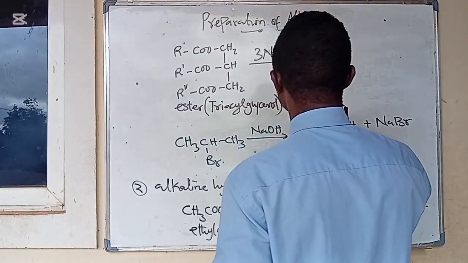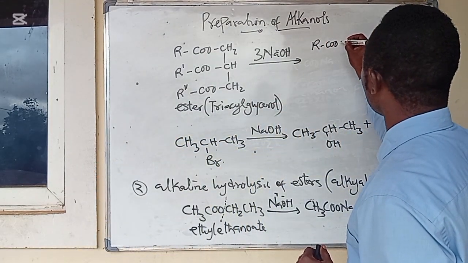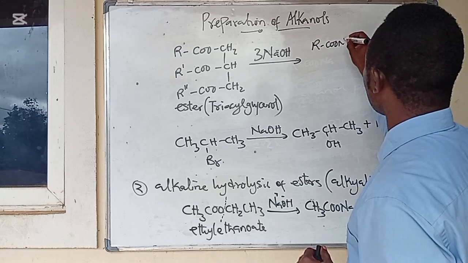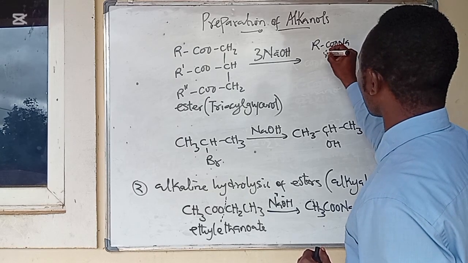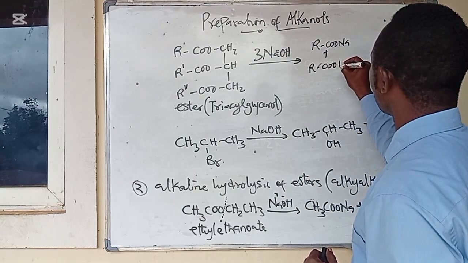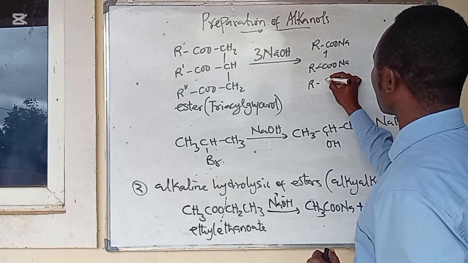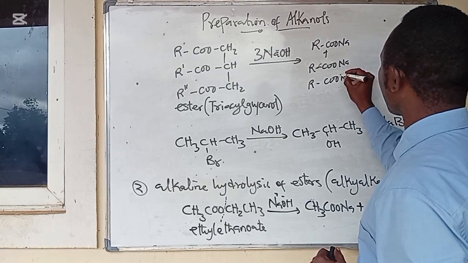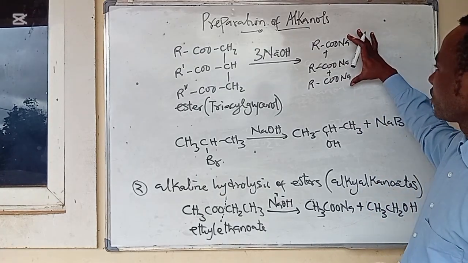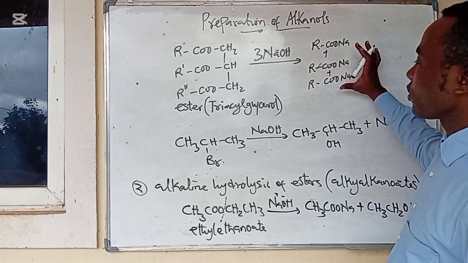So when we do that, we'll have RCOONa, plus RCOONa, plus RCOONa. So we have 3 of this compound, that is a sodium alkanoate.